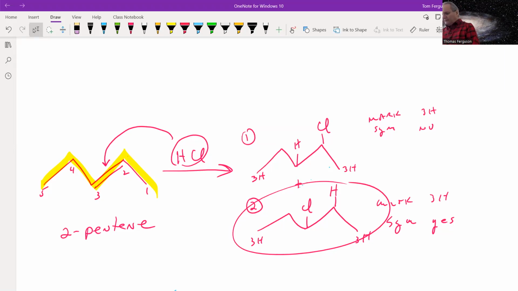Two names now. We name the bottom one, it's a 5-carbon backbone.